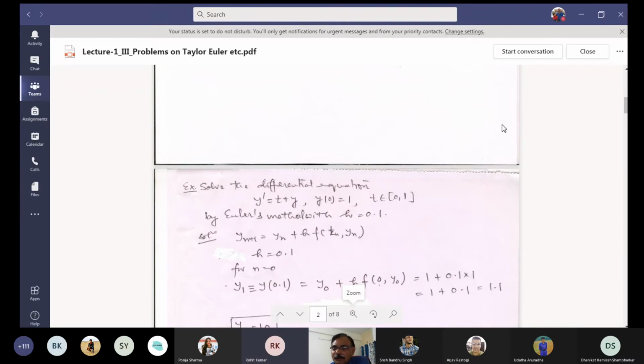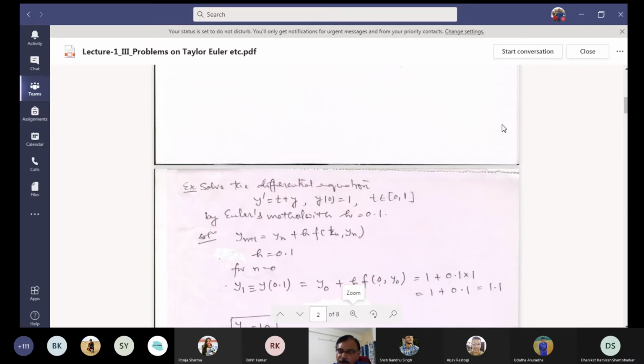The third person 1.24, second person 1.24. The first girl told me something else. It is 1.24, so that girl, you just correct it. Check where you have made the mistake. So next values you can calculate.